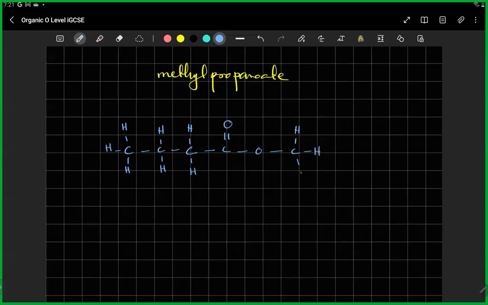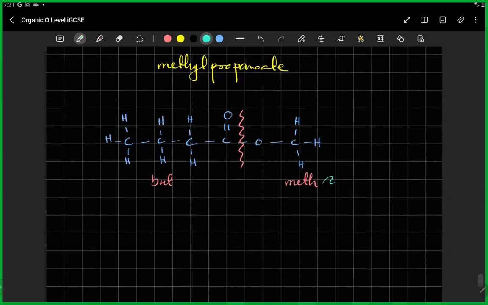So I told you that esters were named in two parts. You had two sides. This side has one carbon atom, so that's going to be called meth, and this side has 4 carbon atoms, which would be called but.